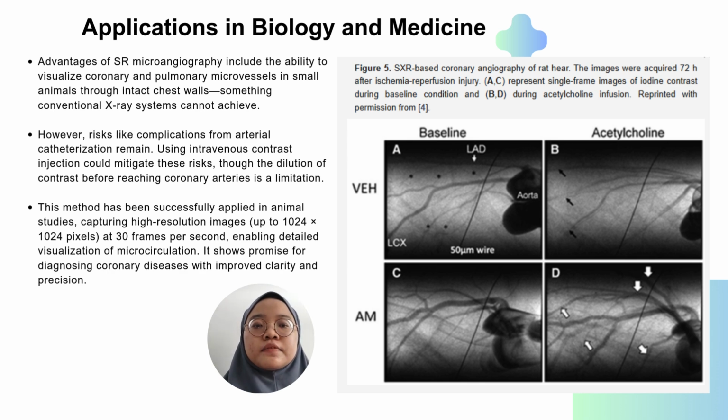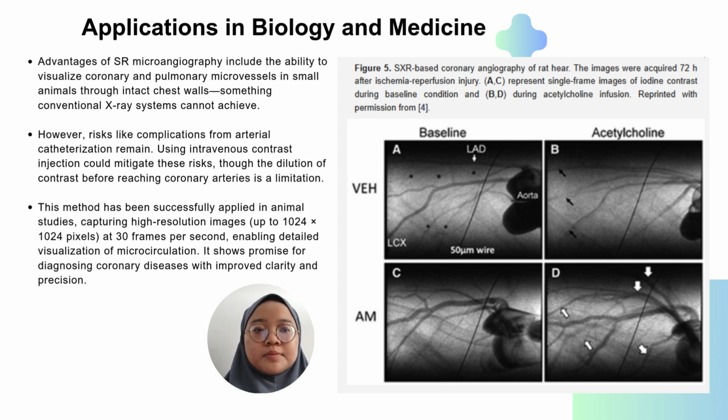The article also further explains the advantages of SR microangiography. It has the ability to visualize coronary and pulmonary microvessels in small animals through intact chest walls, something that conventional X-ray systems cannot achieve. However, there are several risks, like complications from arterial catheterizations, but it is mitigated using contrast injection, though the dilution of contrast before reaching coronary arteries can be a limitation.